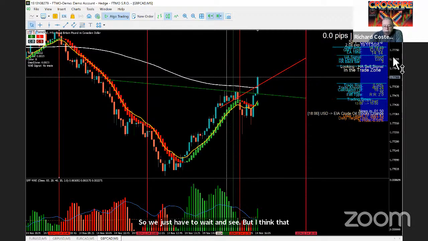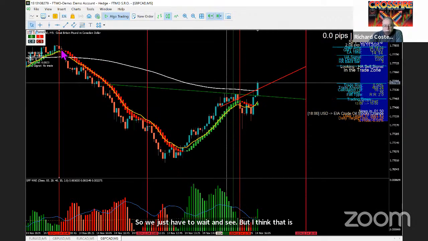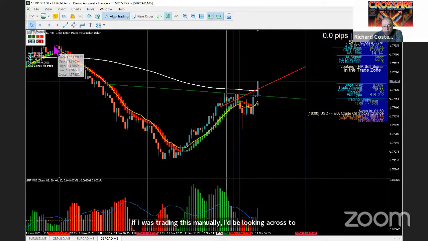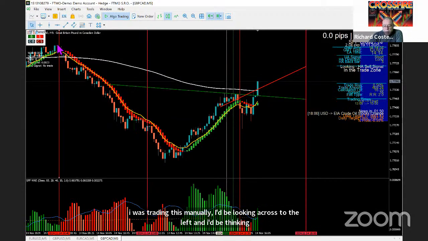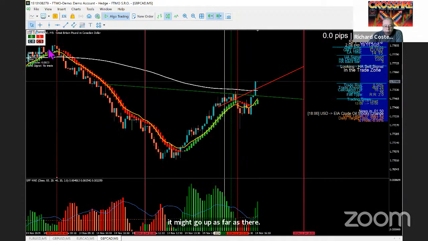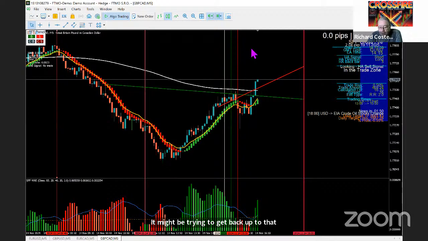But if I was trading this manually, I'd be looking across to the left and I'd be thinking it might go up as far as there because it was there earlier. It got up there and found some resistance and turned around. It might be trying to get back up to that point. It might find resistance and turn around again.